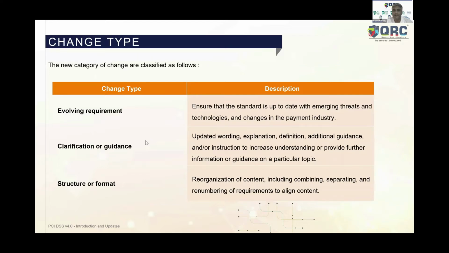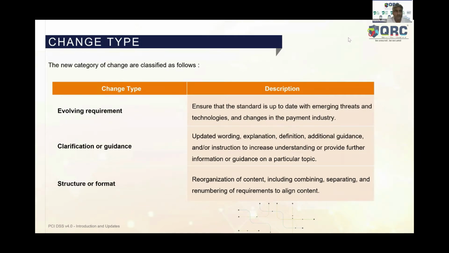If you look at it, it ensures the standard is up to date. The evolving requirements are nothing but the new changes in the standard, depending on recent trends in the market, emerging threat landscape, and technology changes. They chose to cover all these things in the evolving requirements.